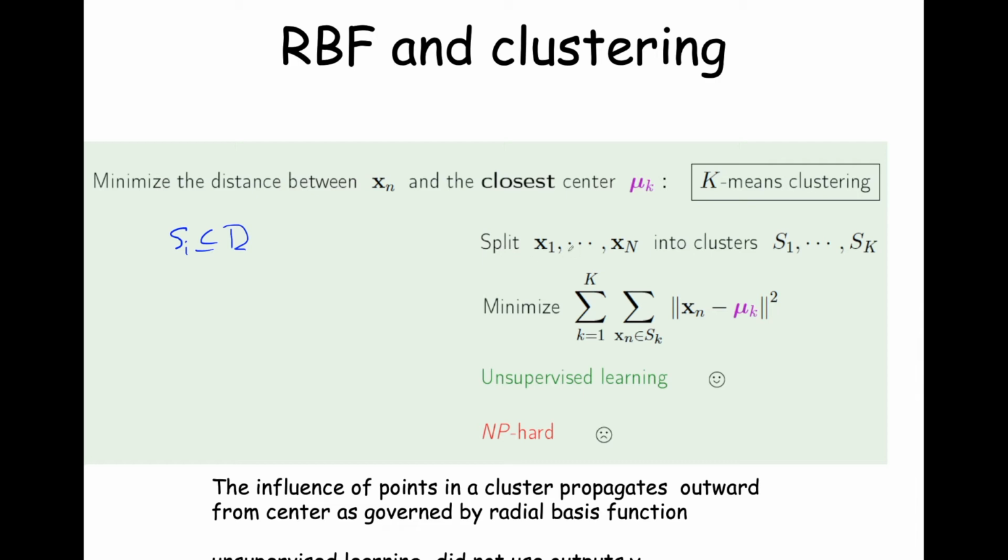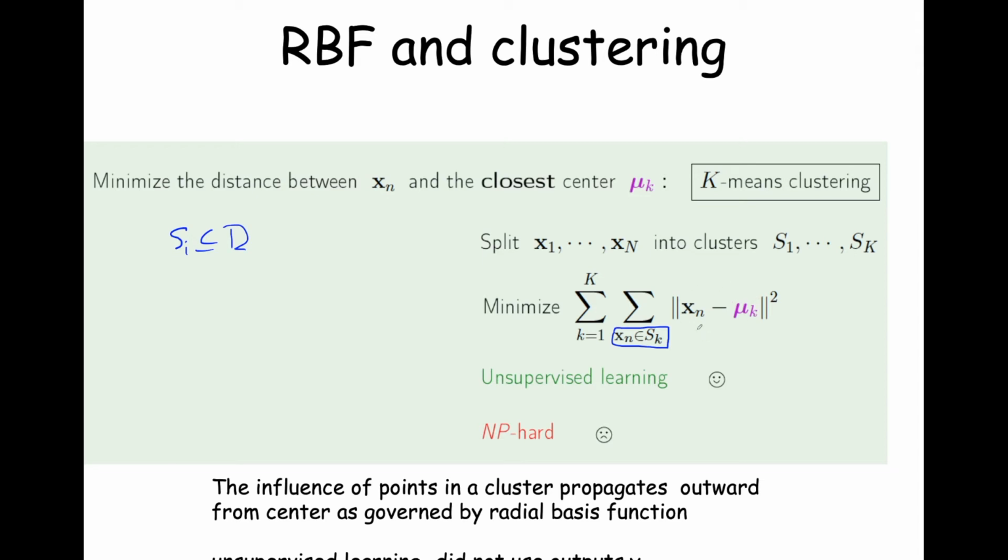But at this juncture, if we want to minimize the distance between each data point x_n and the closest center, we effectively take each center, all of those data points within a particular center, the kth one. We're going to take the distance, the square of the magnitude, and we're going to add them up.